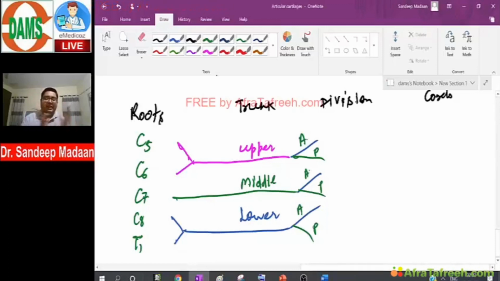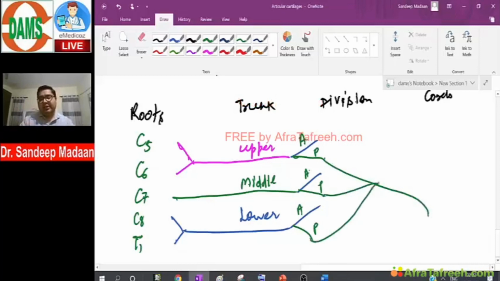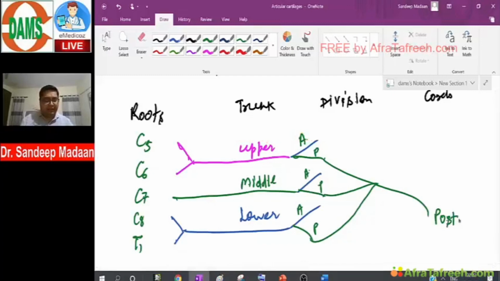How are these divisions going to make the chords? Let me explain. All posterior divisions will come together to make the posterior chord. Now we are left with 3 anterior.